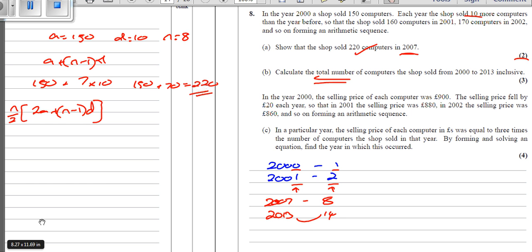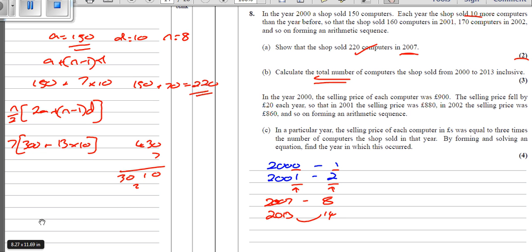So that's going to be 7, because 14 divided by 2 is 7. 2 lots of a is 300, plus 14 minus 1 is 13, lots of 10. So 13 times 10 is 130, plus 300 is going to be 430, and we're timesing that by 7. 7 times 4 is 28, plus 2 is 3010. So that's not money, that's just the total number of computers.